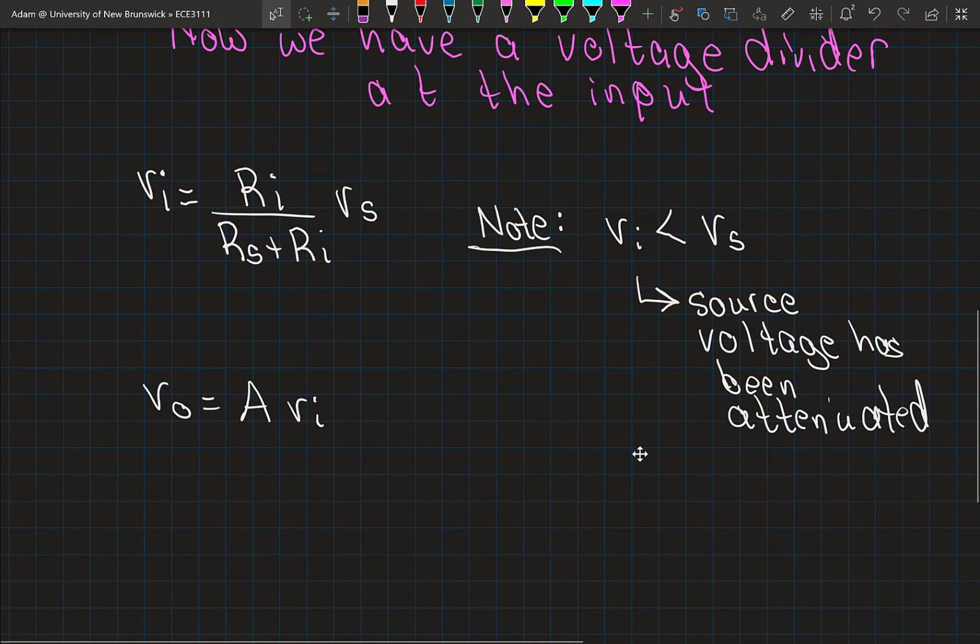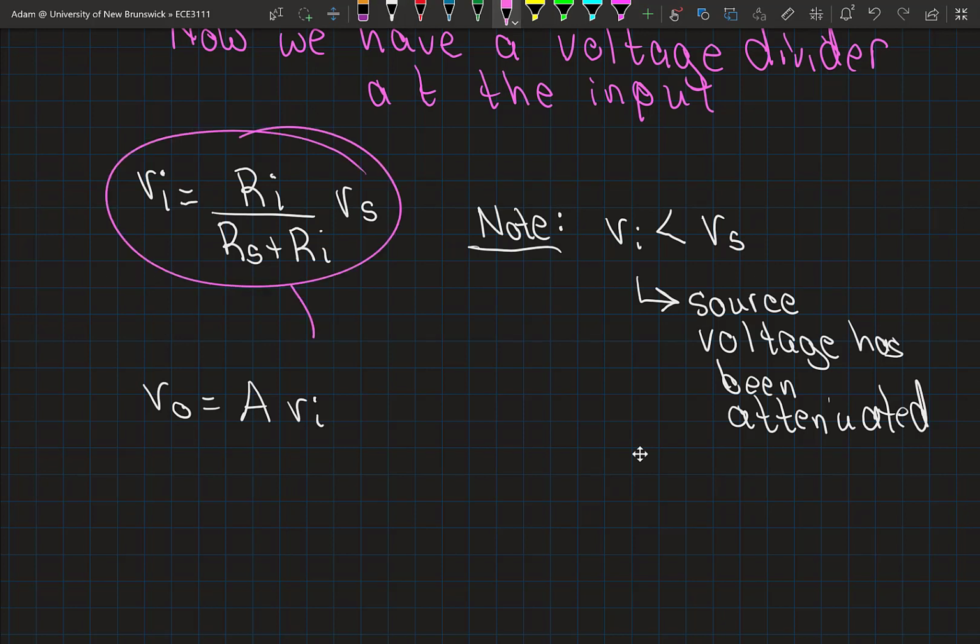Okay, so when I combine these two equations together, so take this equation and substitute it into here, I end up with an expression for output voltage that is gain times Vs times our input divided by Rs plus our input.